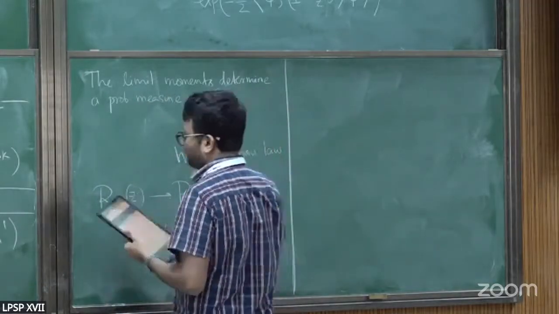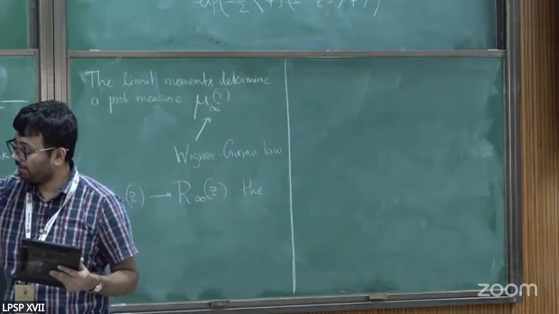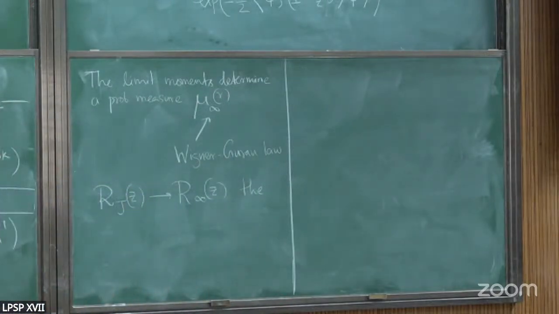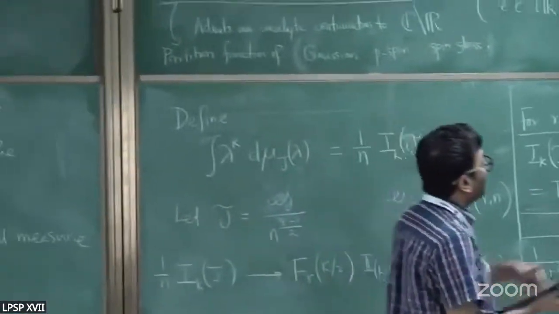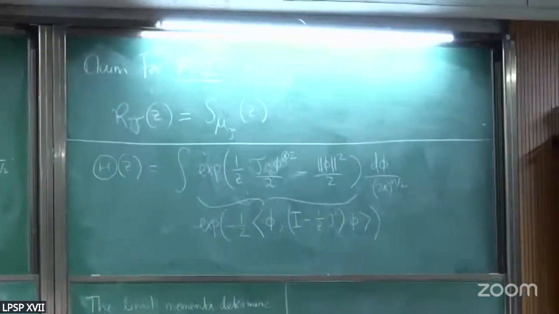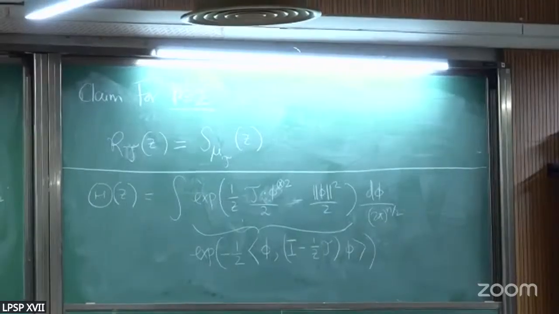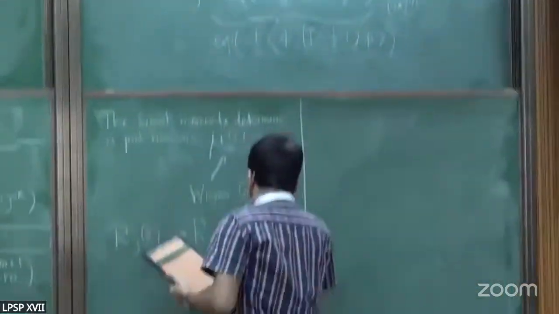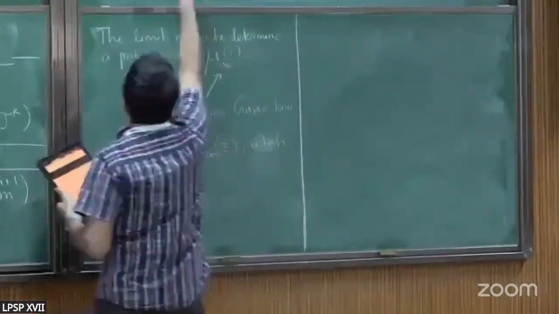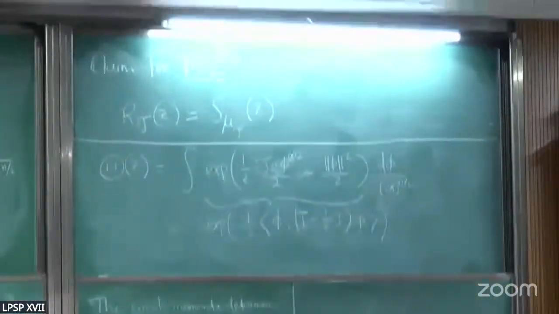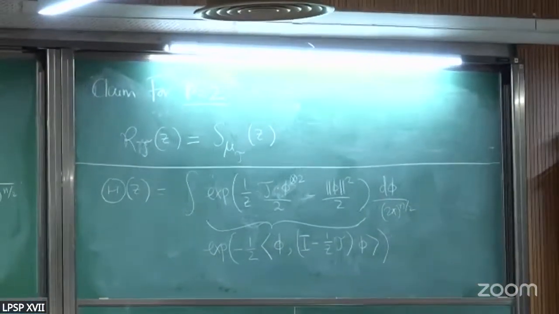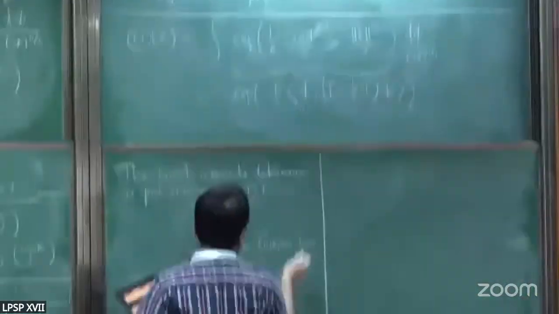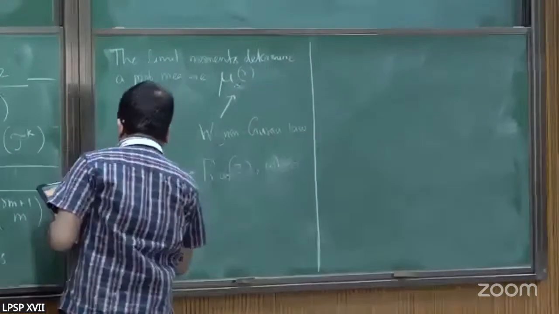There are two ways of proving it. You either do it combinatorially like this, or you directly prove the convergence of that transform. You can show that that transform pointwise converges to some limit object, which is actually also a Stieltjes transform of this law.